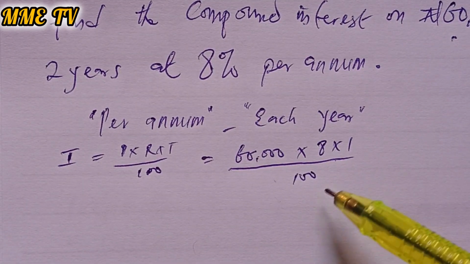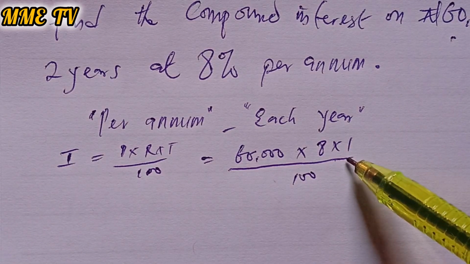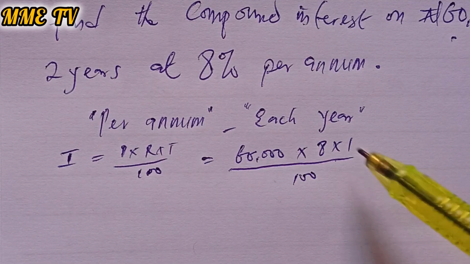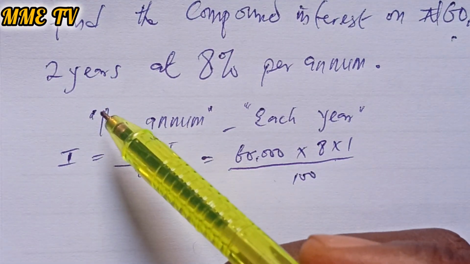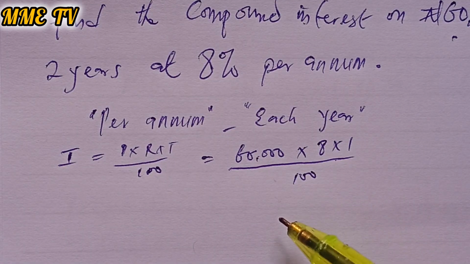Someone is probably going to be confused here and say, sir, why am I seeing 1 here? I thought what you said is going to be for 2 years. Yes, you can only use the whole 2 years entirely if you are solving for simple interest, and any answer which you have is going to be the answer of your simple interest.